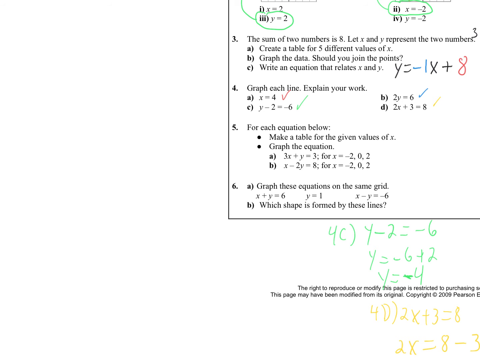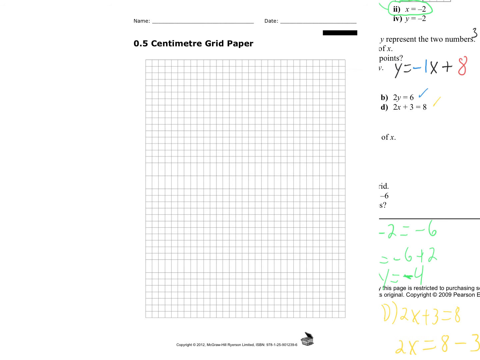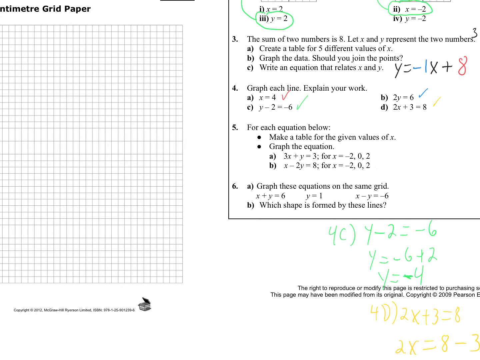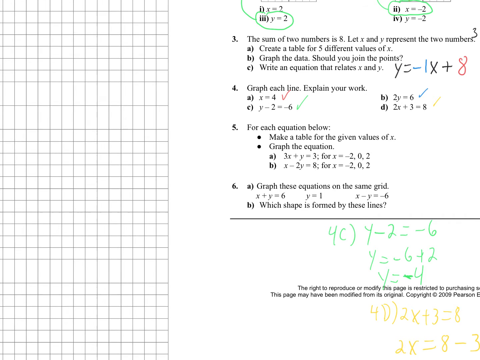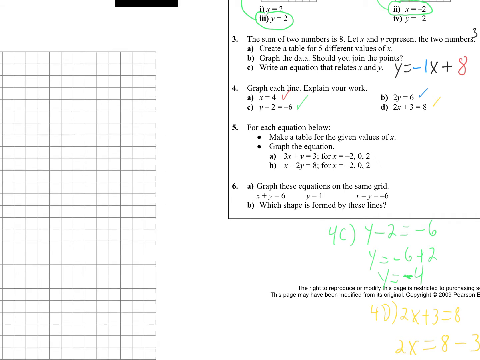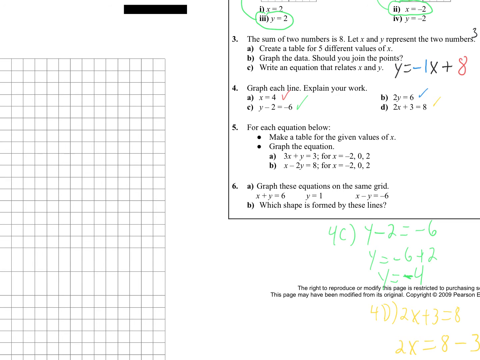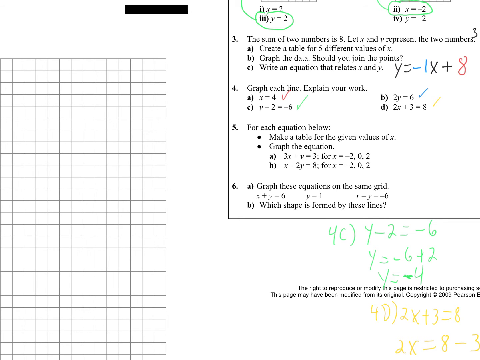There we go. Insert this here. And now I can click on this piece of graph paper and get it moved over to this side here. Make it big enough so that we can still see it. Right here, and this is going to be for question number 5.